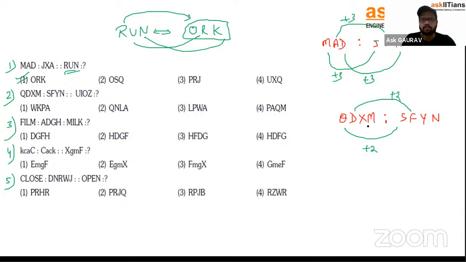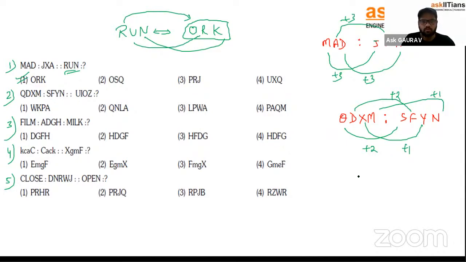X to Y, only one. Then M, only one. Basically, for the first two letters you have to do plus 2, and for the third and fourth you have to do plus 1.